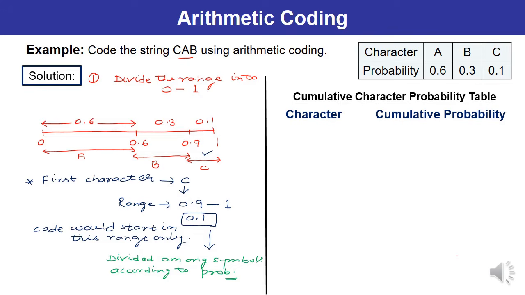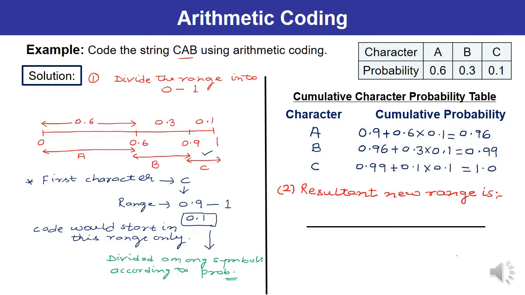So in the cumulative character probability table, you have to write down the characters which are A, B, C and their cumulative probability. See how we have written this. Character A, because you are aware that the range must start, because C is lying in between 0.9 to 1. So now you have to find out the new range.